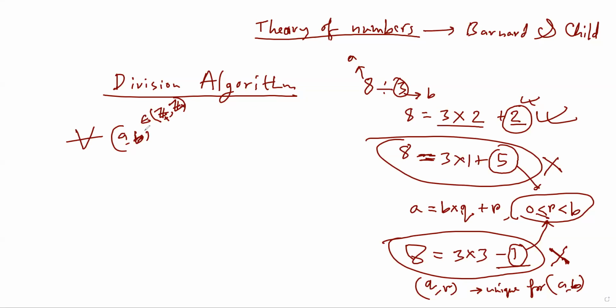So we are dealing with positive integers. So if you are given a pair of positive integers a and b, then you should be able to find another pair of positive integers q and r such that a can be written as bq plus r, and this pair is actually unique. This is the overall statement of the division algorithm.